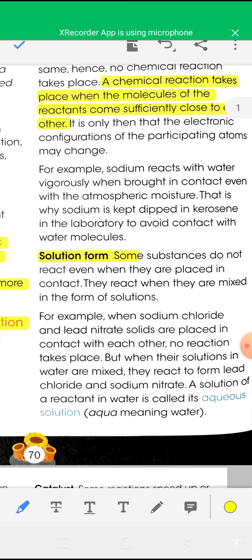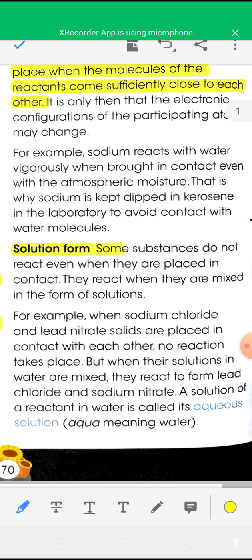In some cases, it is found that close contact is not enough for a chemical reaction, and in these cases the reactants react with each other only when they are present in solution form. So solution form is also an important condition for a chemical reaction.